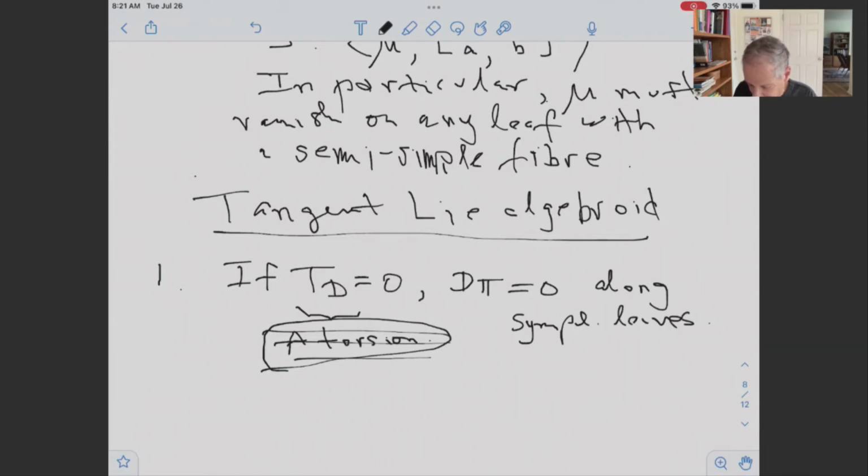That's right, this is the tangent Lie algebroid. And that exists for sure whenever pi is regular. If pi is regular, then we can always find a connection such that it's parallel along symplectic leaves.